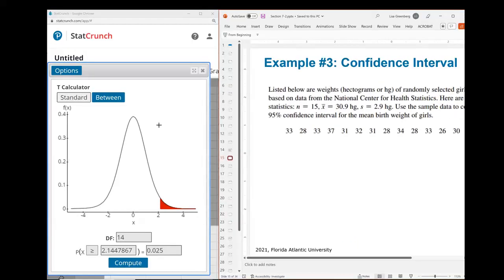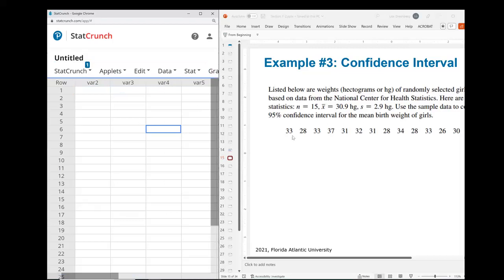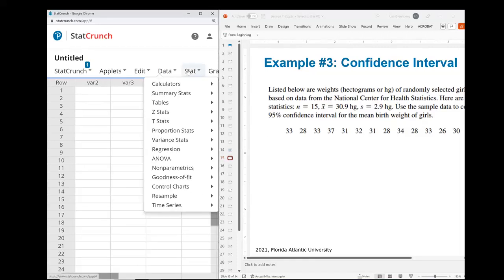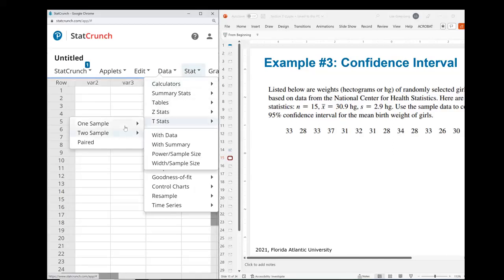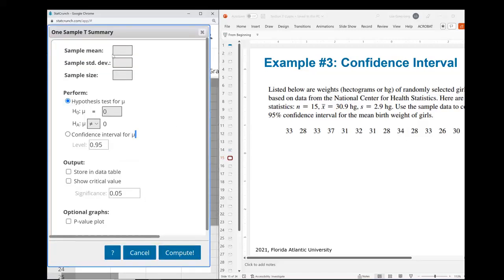So what we're going to do is go back to StatCrunch. And for this one, I could put these values in and get the summary data off of the values, but I don't have to because they're giving me the summary data. So I can go here to T stats, one sample with summary, and I put in my summary values.